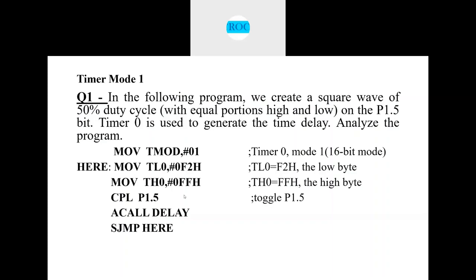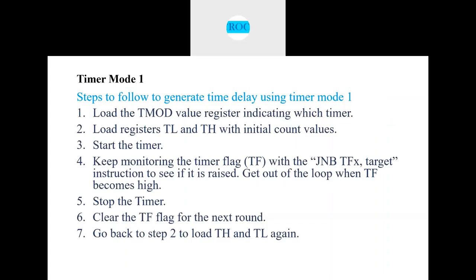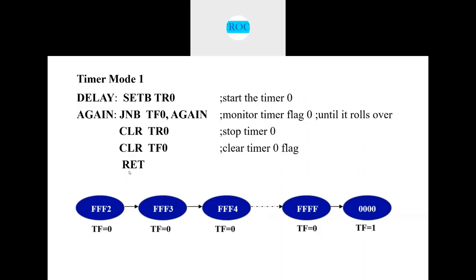Next, as part of the delay, we have written these steps, the third step, right? This is a subroutine. What is the name of the subroutine? Delay. The first instruction is SETB TR0. Why TR0 now?